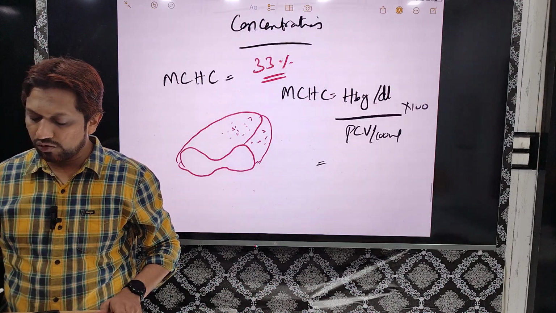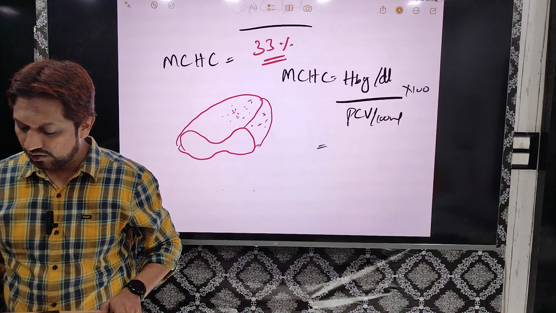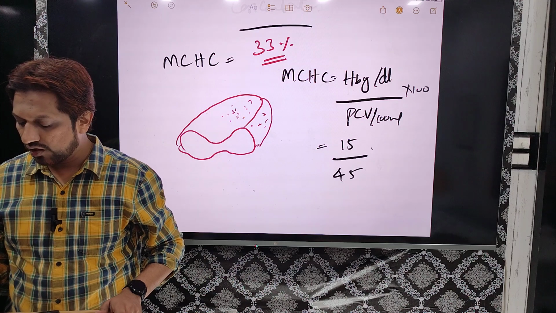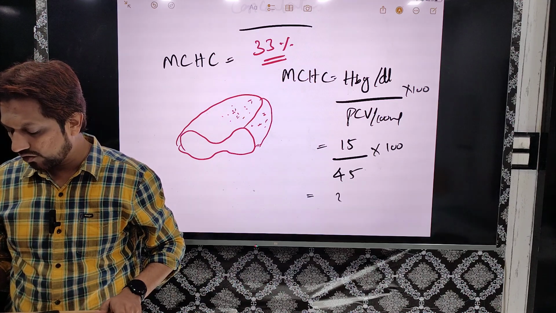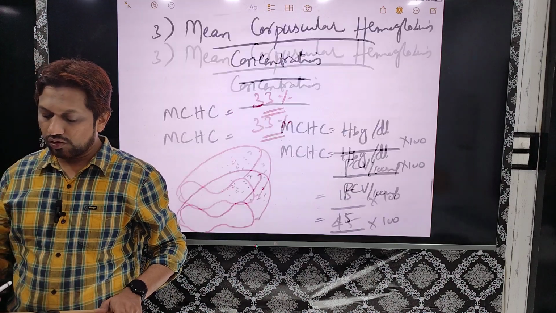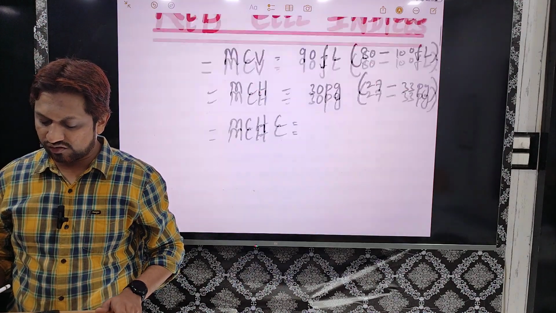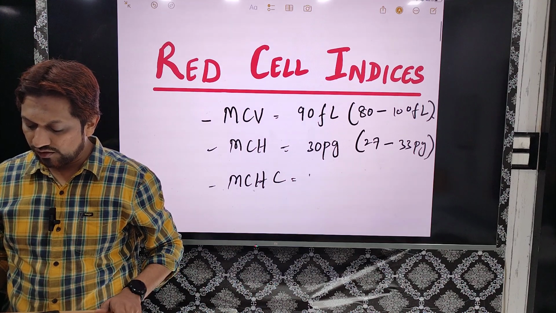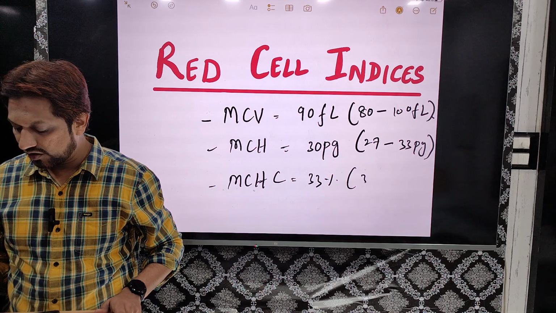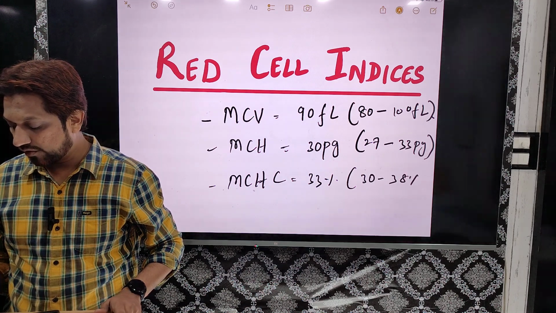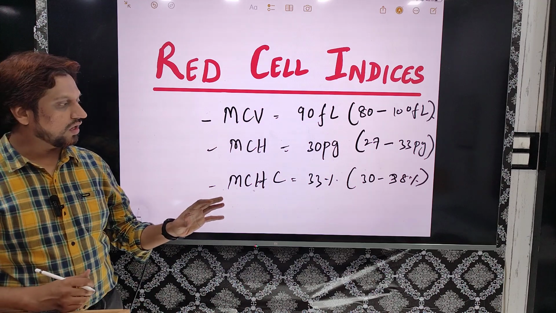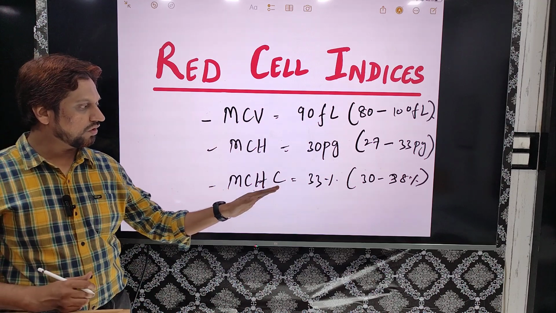The normal hemoglobin value is 15 grams per deciliter and PCV is around 45. If we calculate this, we get a value of 33.3 percent. So the average percentage of hemoglobin present in a single RBC is expressed in percentage, however it is in a range of 30 to 38 percent. So MCHC means, in a single RBC, what is the percentage of hemoglobin.